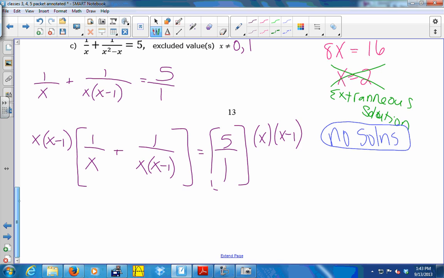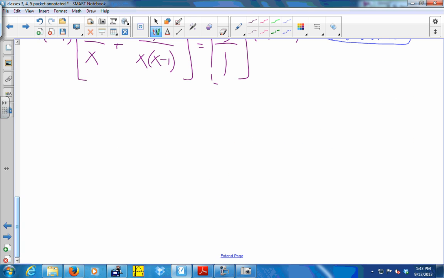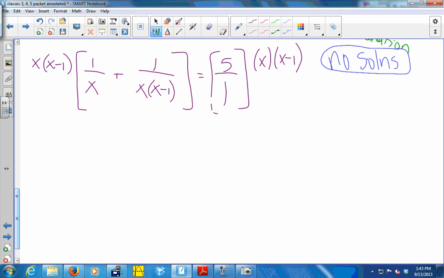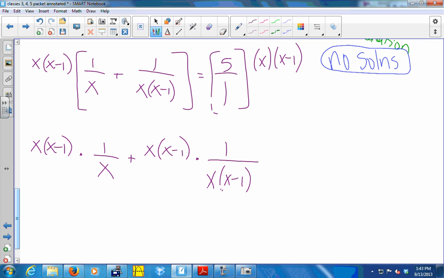All right. So now, on the left side of the equation, I have to distribute the x times the x minus 1 to both of these terms. So I have x times x minus 1 times 1 over x, plus x times x minus 1 times 1 over x times x minus 1, and that equals x times x minus 1 times 5.